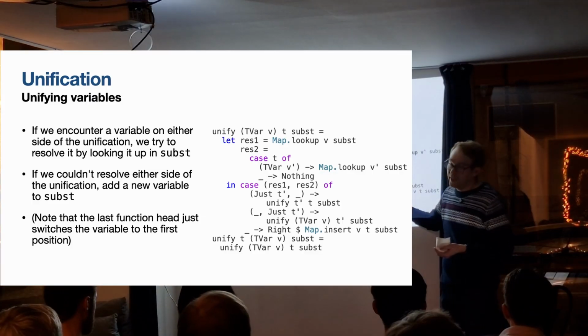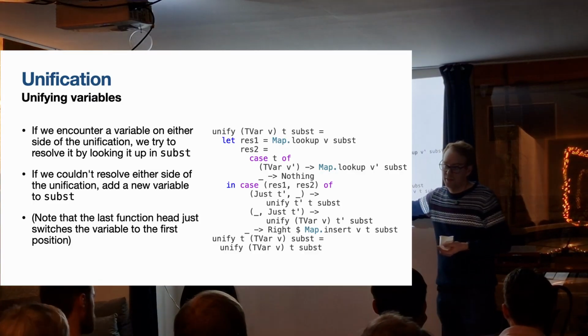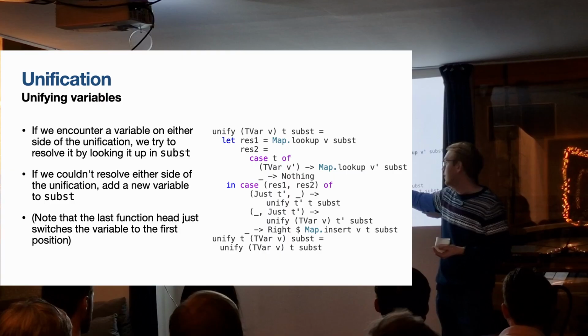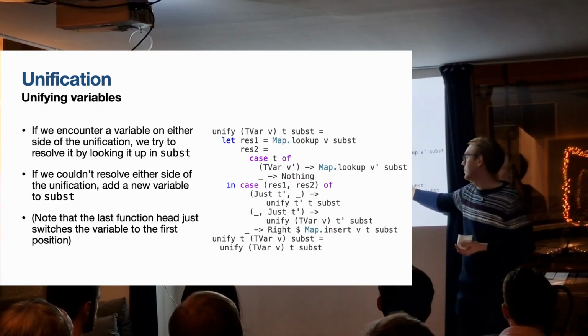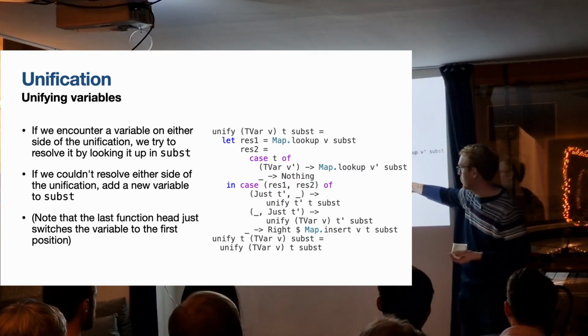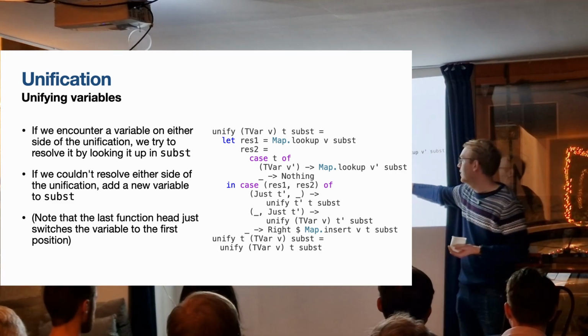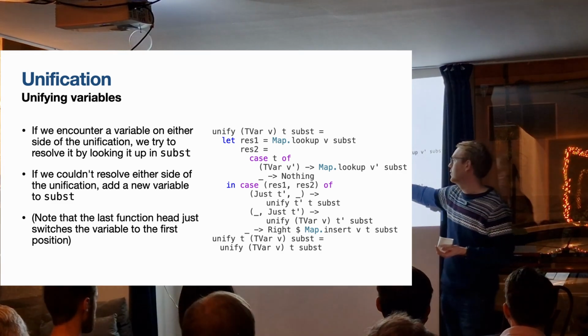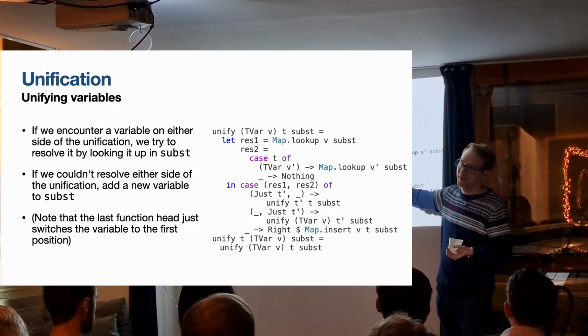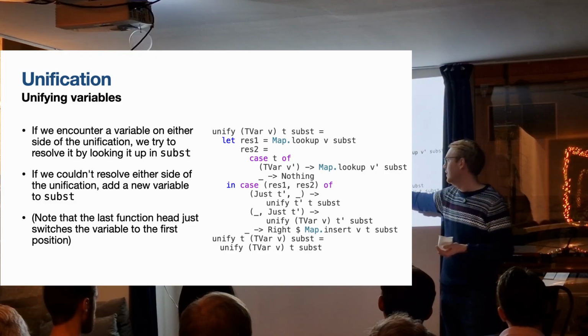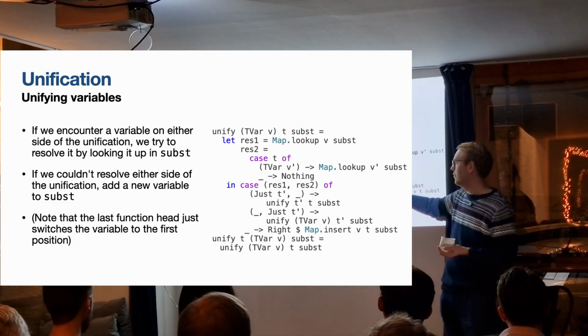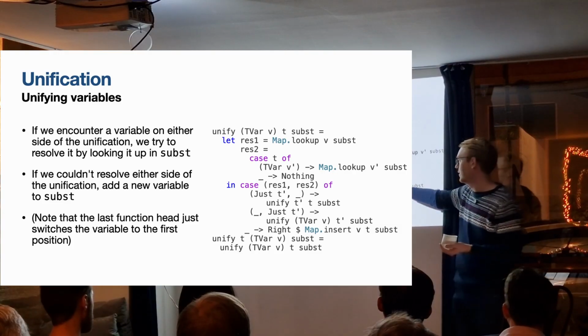And if we have actually seen this variable before, we do a recursive call to unify with the type that we found. So t prim here is like, let's say a variable x was mapped to int, then we get an int here and we rerun the unification with int instead.